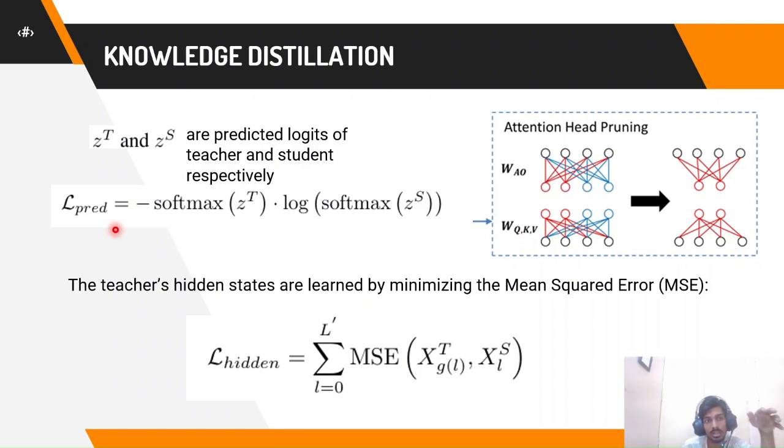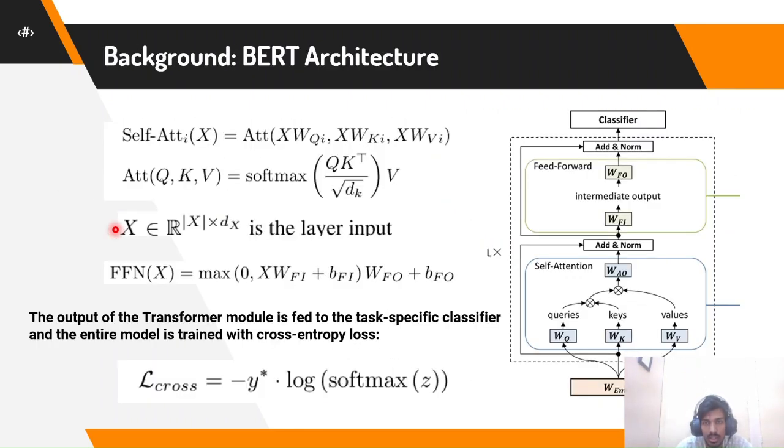Then after the predicted logits are transferred from the teacher to the student, the next thing that we are going to transfer is the hidden states, and the teacher's hidden states are learned by minimizing the mean squared error, where the loss of the hidden state is given by the summation of mean squared errors of the x value. Now x is every time the input that is going to each of these blocks.